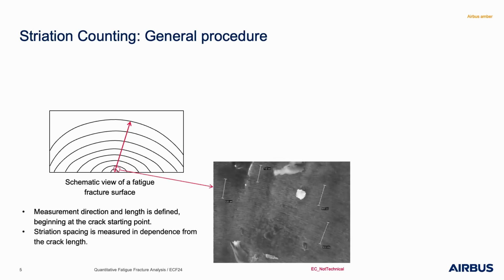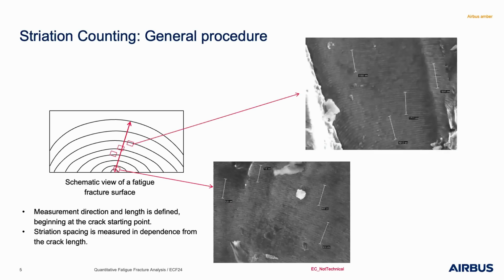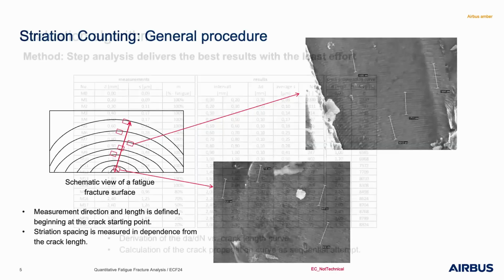And then the striation spacing is measured independent of the crack length. See here, at the very first beginning, there are narrow distances, and then it's measured in different areas. Typically, as I said, the spacing grows, but it's not necessarily so. And then we come up to the end.